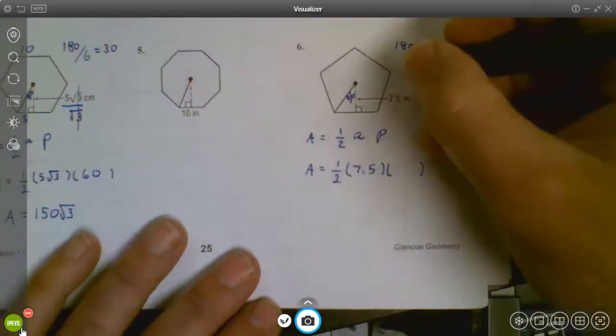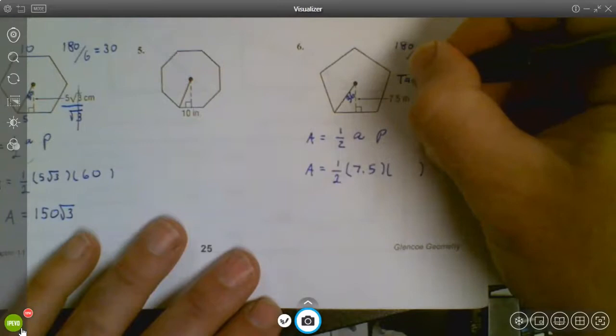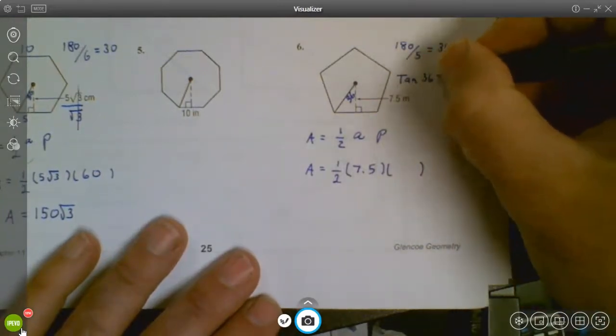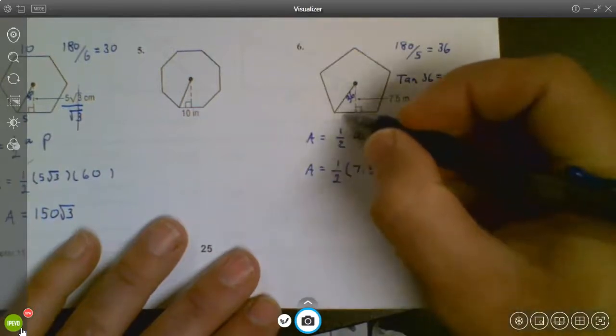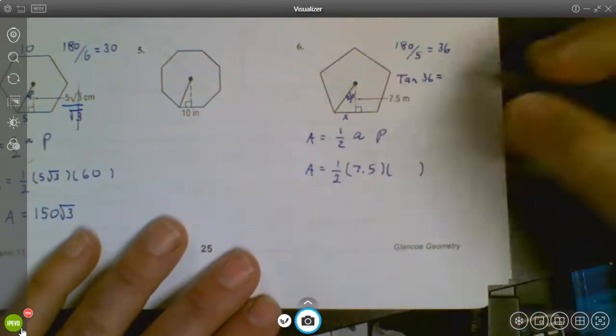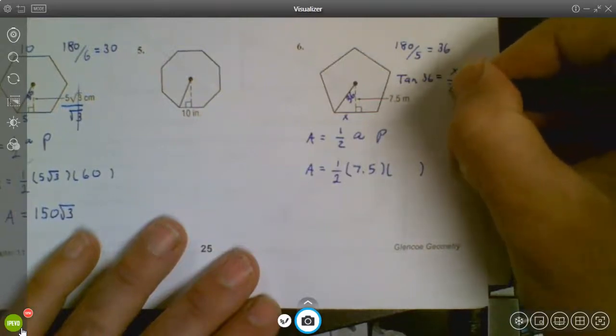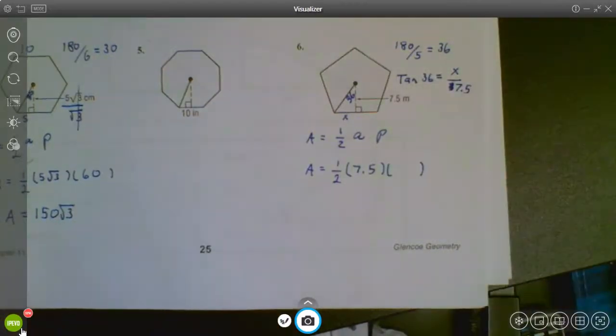So for this one, we're going to say the tangent of our angle is equal to, I'm going to put an X right there, the opposite leg over the adjacent leg. So tangent is equal to opposite over adjacent.